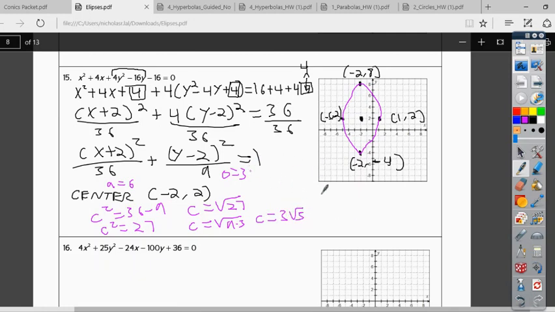which means our foci for this, oh, need to, this is a horizontal ellipse.